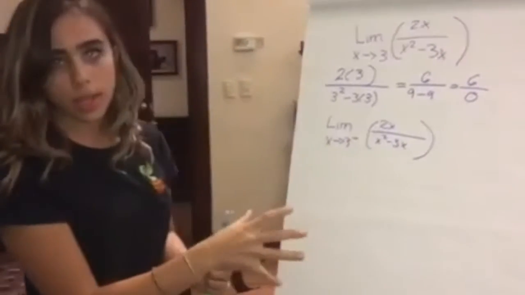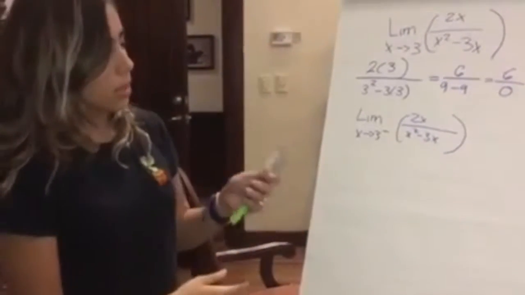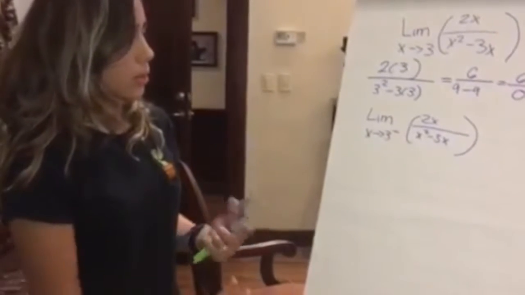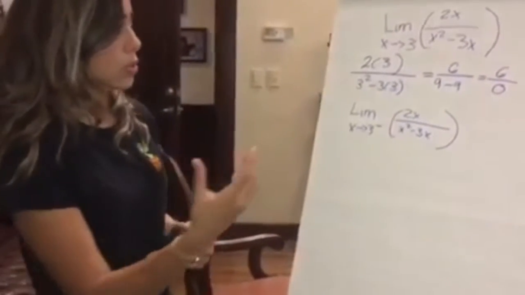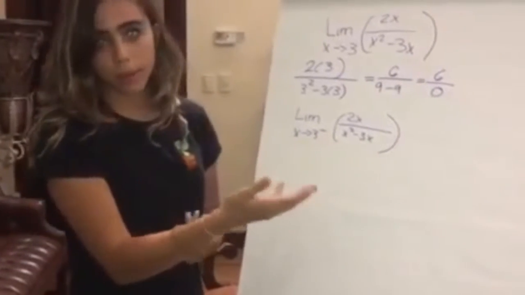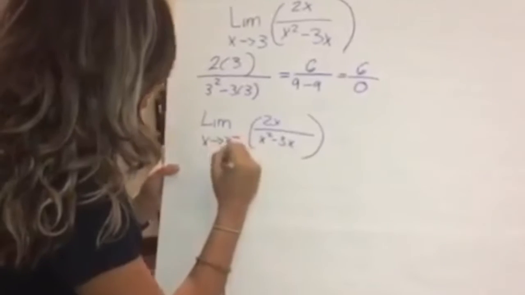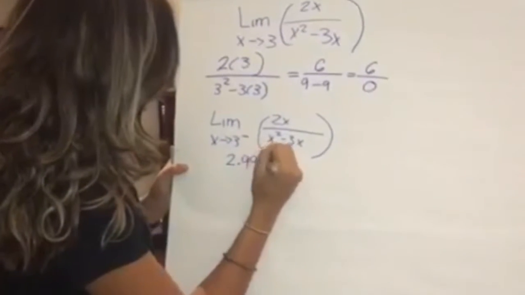In order to do this accurately, we have to use a number that has plenty of decimals so that we can get a real approach to the number that we would have on the graph. So in this case, we would use the number 2.999.